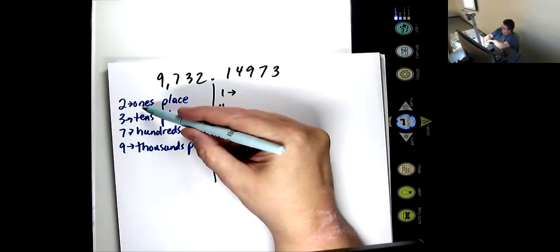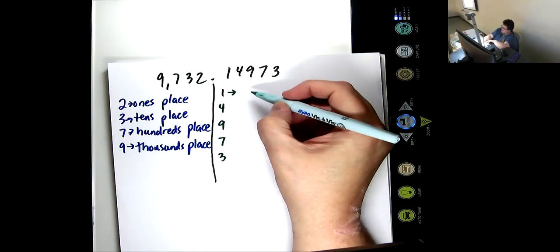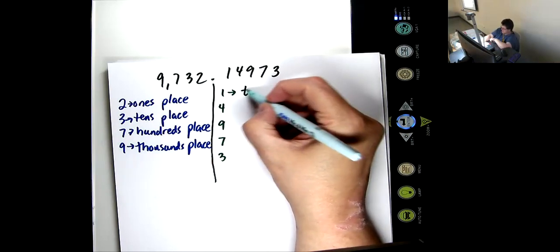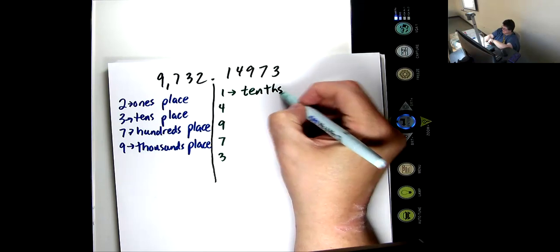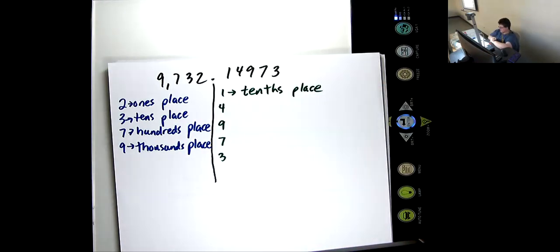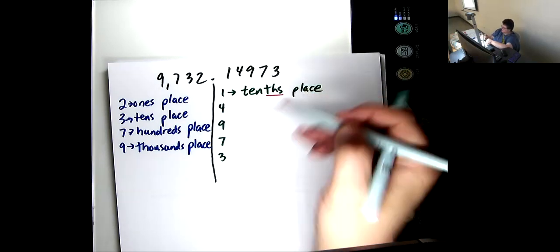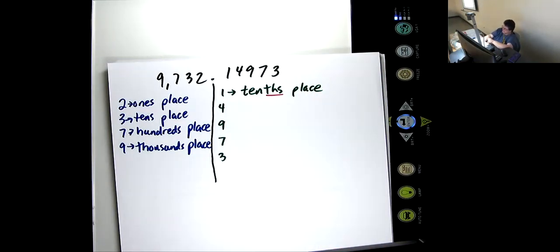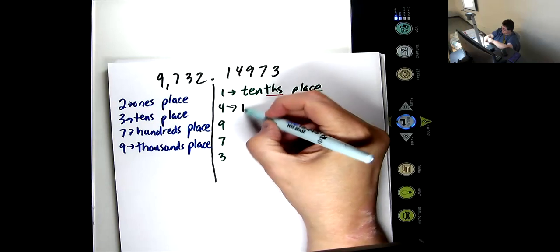The 1, we want to call it the ones place, but it's not. We're gonna call this the tenths place. I literally took the 10 and slapped a THS on it. The 4 is the hundredths place.